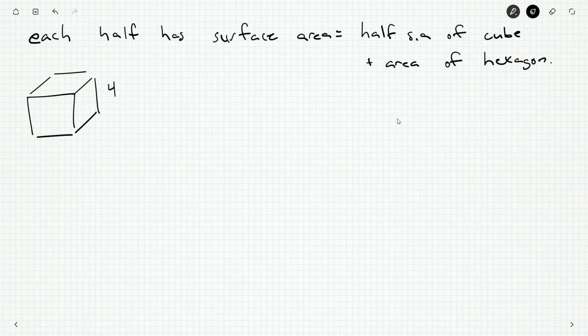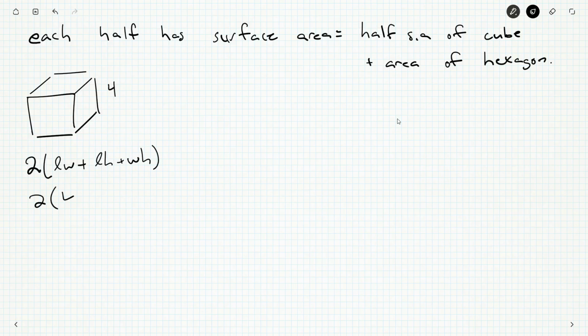Well, you can actually go a little better and do surface area of a rectangular prism, which is 2 times length times width plus length times height plus width times height. Now, on a cube, the length, the width, and the height are all the same thing.